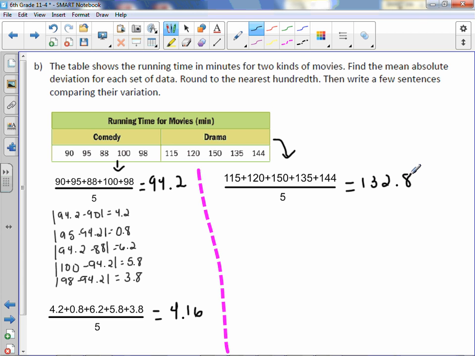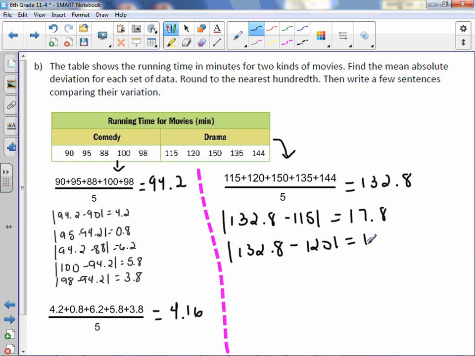Now take each data value and subtract it from the mean, finding the absolute value. 132.8 minus 115, absolute value is 17.8. Absolute value, 132.8, which is the mean, minus 120. Absolute value is 12.8.